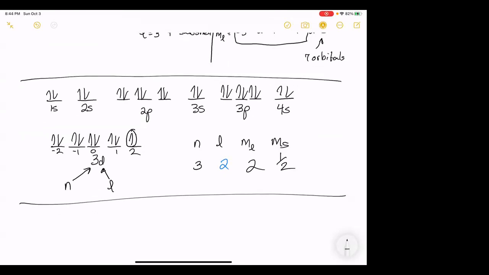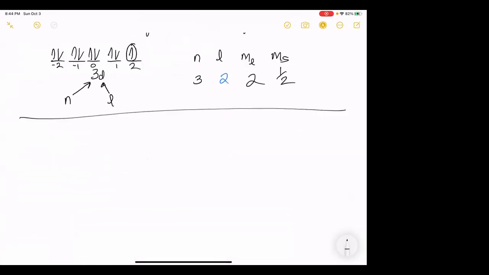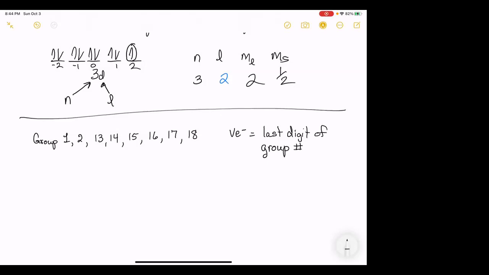Madeline, can I go over how many valence electrons are in an element? The easiest way is to look at the periodic table and identify where it's at.